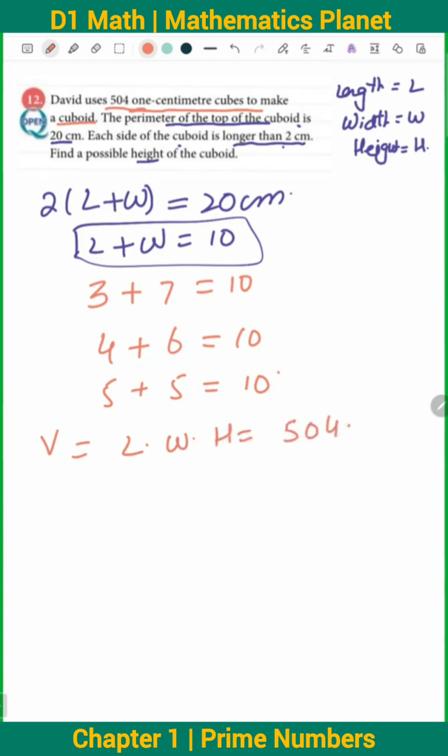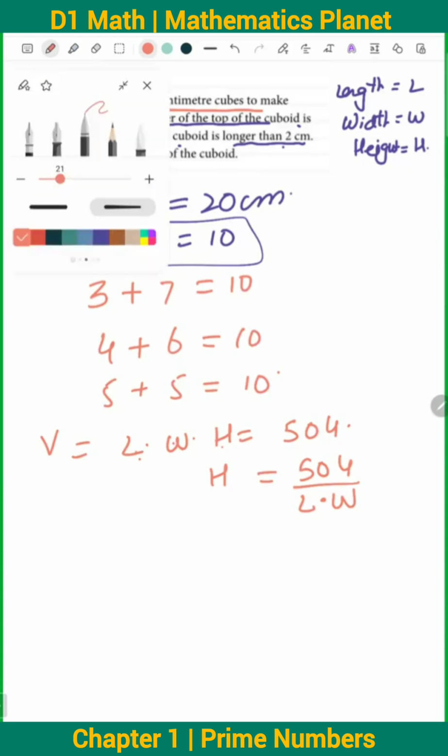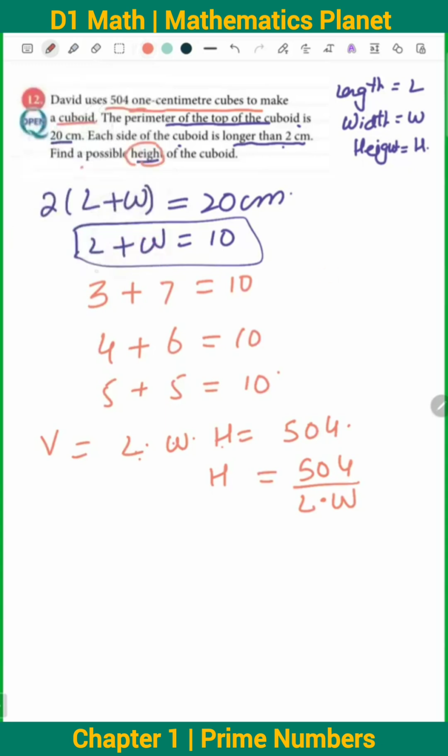So now we need to find H, because we already know L and W. Because we need to find the possible height, we can write: height is equal to 504 divided by L times W. Now, what are the possible heights?